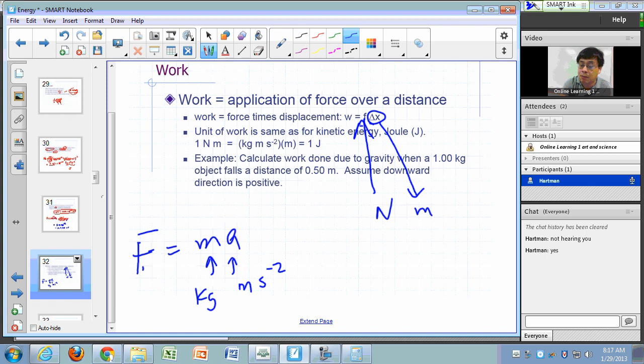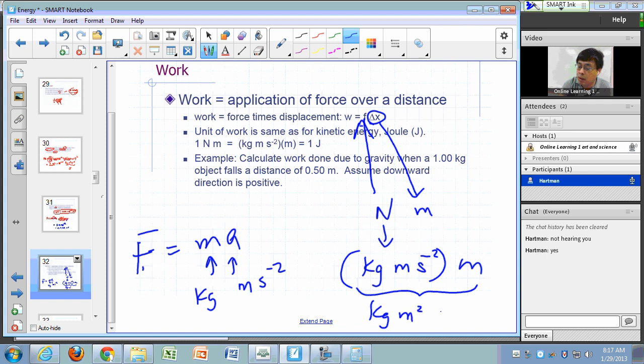So Newton is a kilogram meter per second squared. You multiply that by meter, and you end up with kilograms meter squared per second squared. So that's the same as a joule.